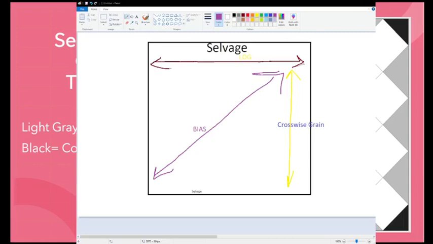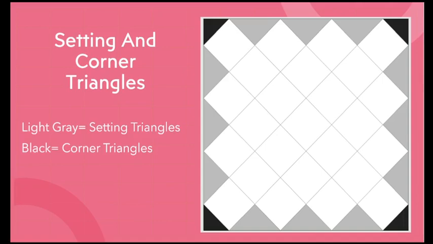So when we talk about wanting to have the straighter grain along the outside edge, that means that this length across the top of the quilt, the longest edge of this piece, is going to be our straight of grain, or our lengthwise grain or our crosswise grain, depending upon the way that you have cut your setting triangle.